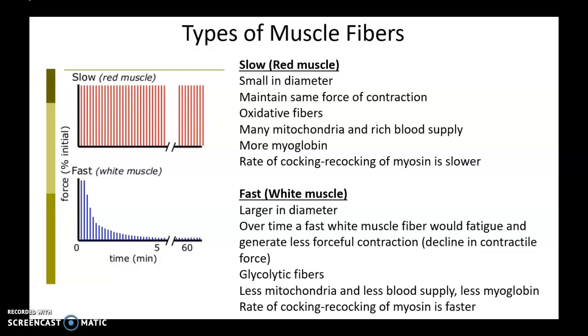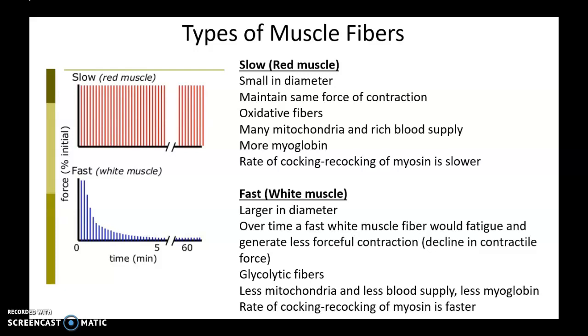Now listen carefully. If we trigger a slow red muscle fiber to contract, no matter how many times we stimulate it, it would maintain the same force of contraction over time, as shown by the red lines.